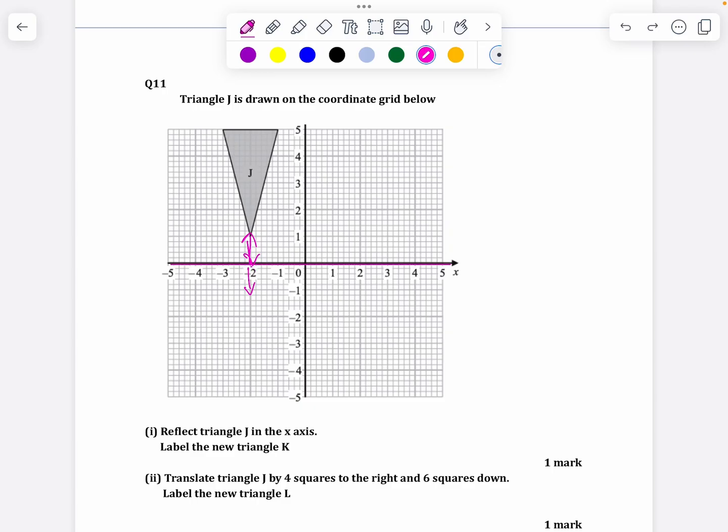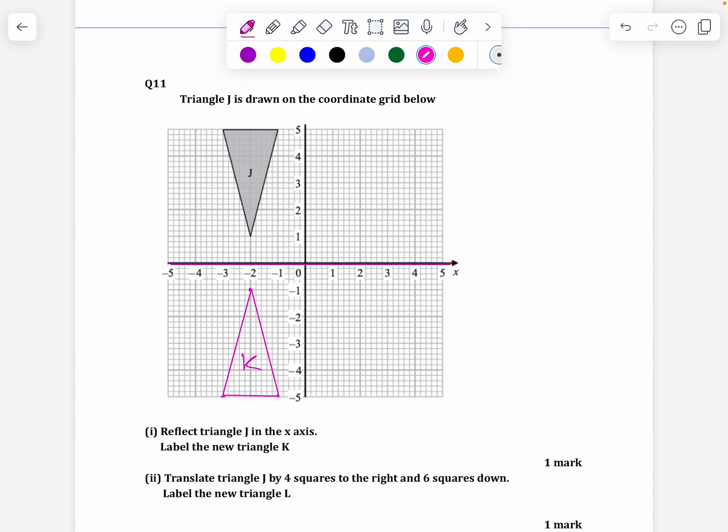You can do this with tracing paper as well, and just flip it in a line, but hopefully you can all do this without. And so here, we're just putting it in the same places here. And this is now K.